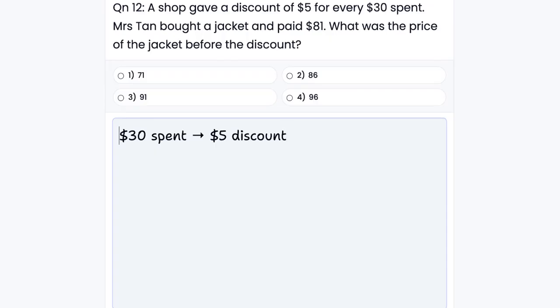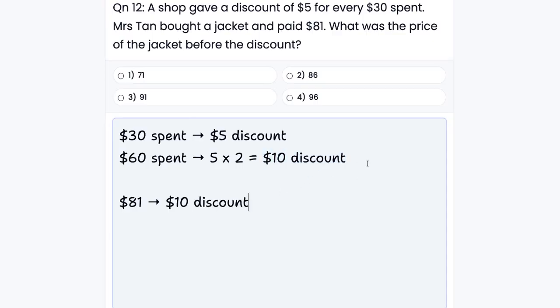That means if you were to have $60 spent, we will have 5 times 2, which is equal to $10 discount.